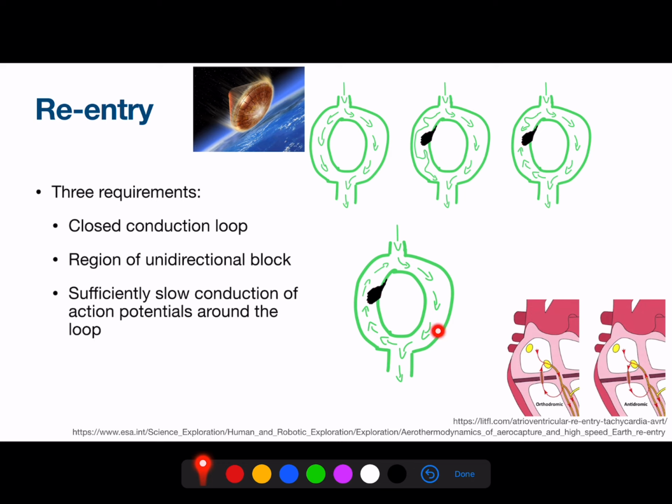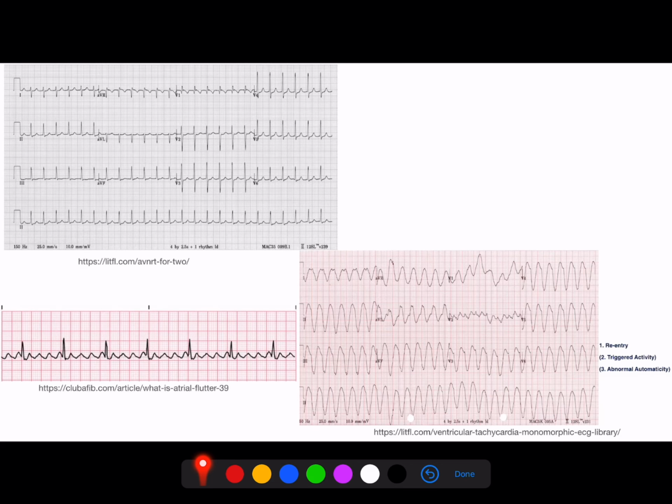Then we have this closed conduction loop, and every time it passes by this place, there's an action potential going down. And as I said, this is way faster than the SA node or whatever node is above. So there are very fast and many action potentials generated at this time. Here are some examples of re-entry tachycardias and how they look.